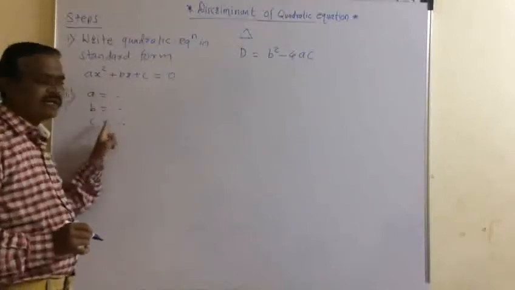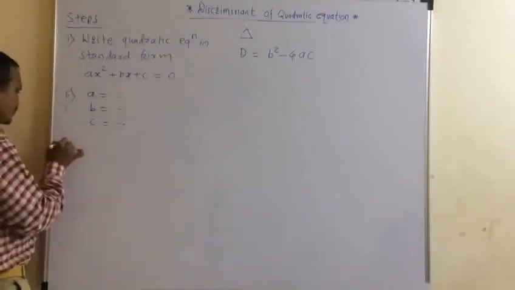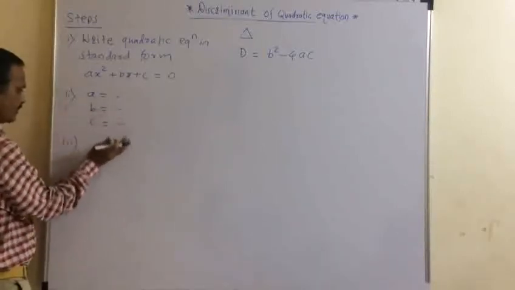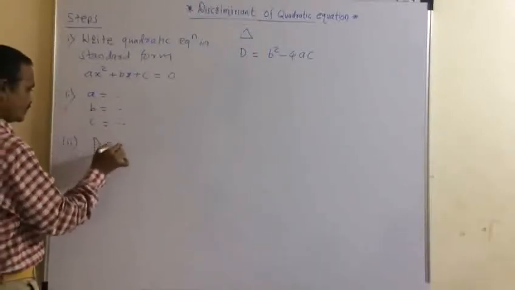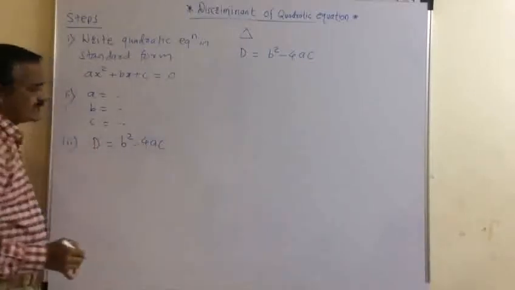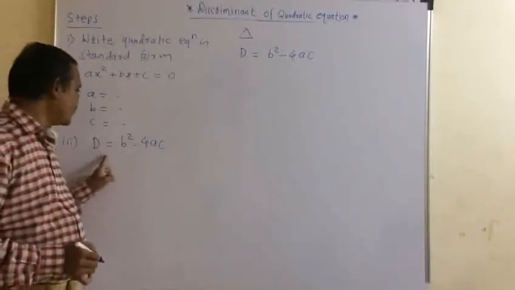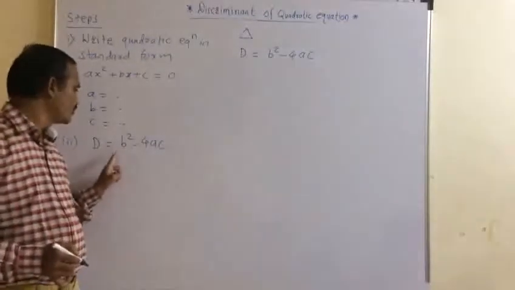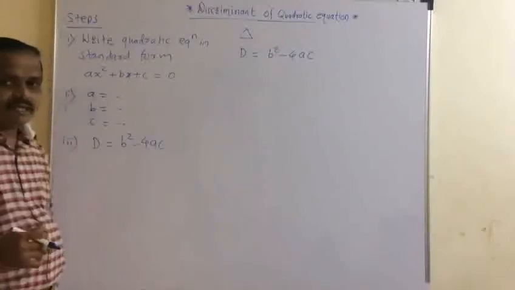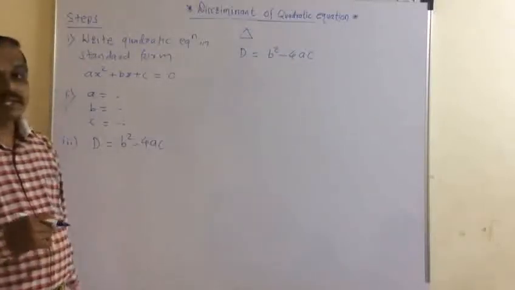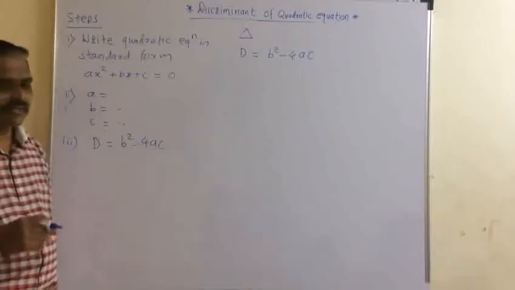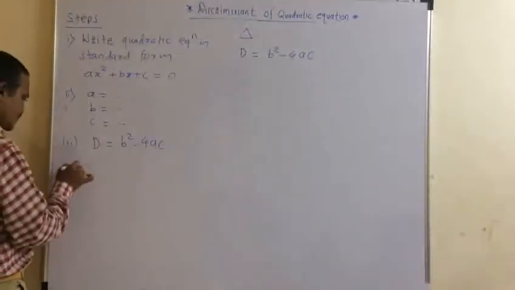Now, using these values, for the third step we find the value of the discriminant, that D is equal to b square minus 4ac. By getting this value, we can easily decide the nature of the roots of the quadratic equation.